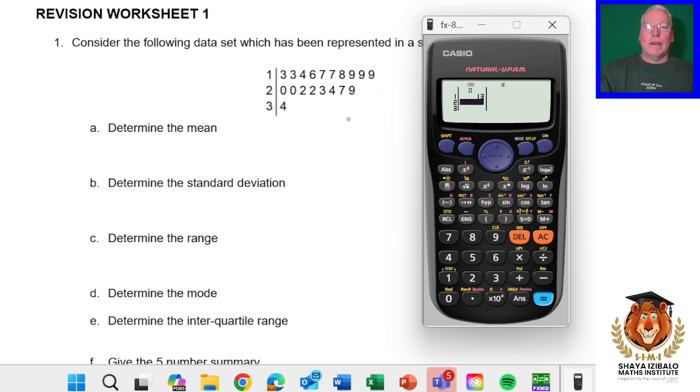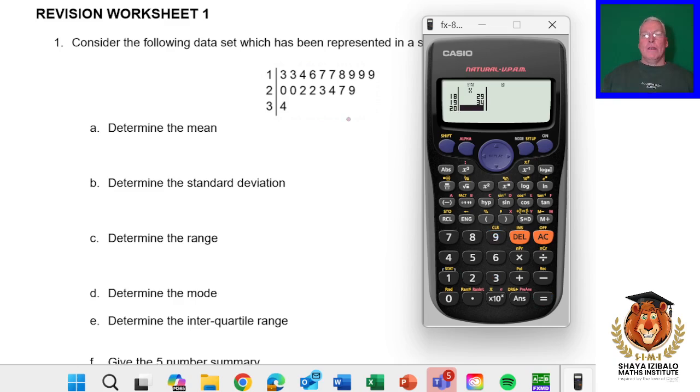So we're going to go 13, 13, 14, 16, 17, 17, 18, 19, 19, 19, 20, 20, 22, 22, 23, 24, 27, 29, and 34.